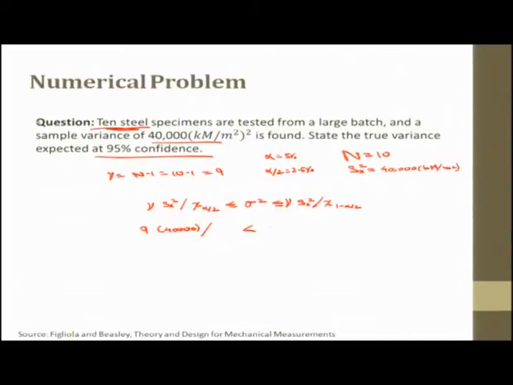I will just let you see how to find the chi-square value here. Less than or equal to 9 into 40,000 divided by chi-square for 2.5% actually. This is chi-square for 1 minus alpha by 2, that is 100 minus 2.5, 97.5%.